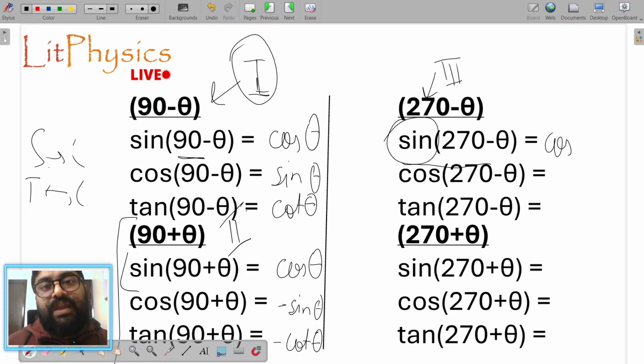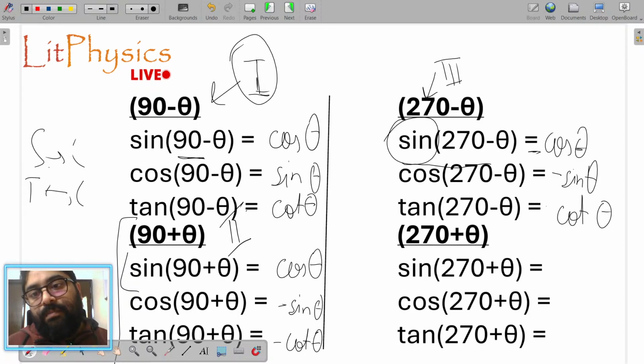Now sine is negative in the third quadrant, so we get minus cos theta. Similarly, this becomes minus sine theta. And tan is positive. Therefore, tan 270 minus theta becomes plus cot theta.